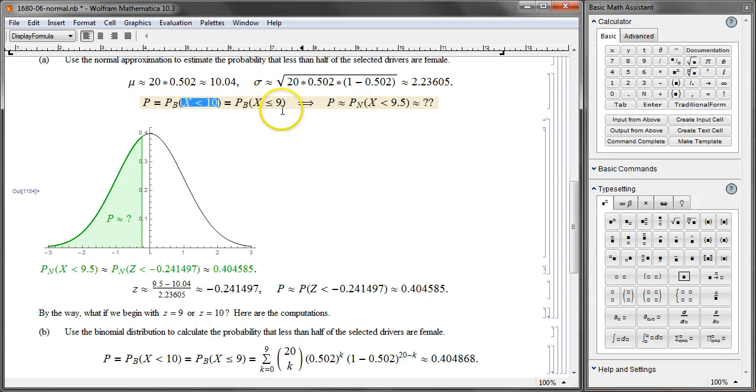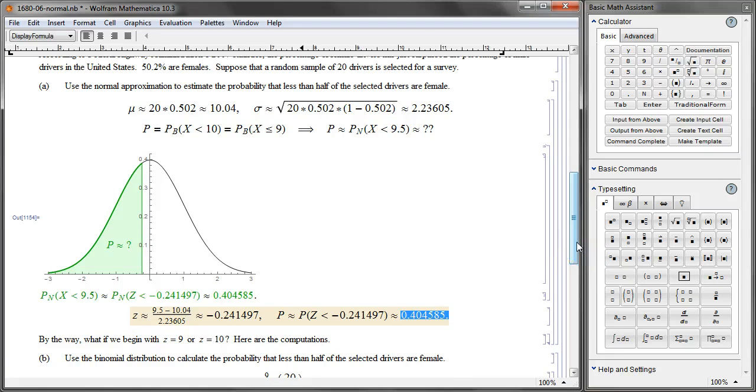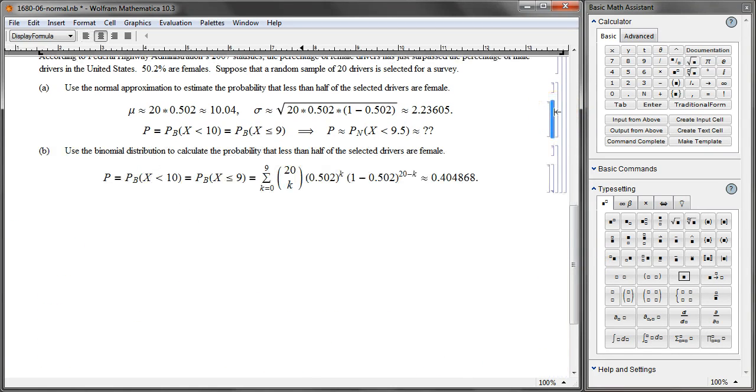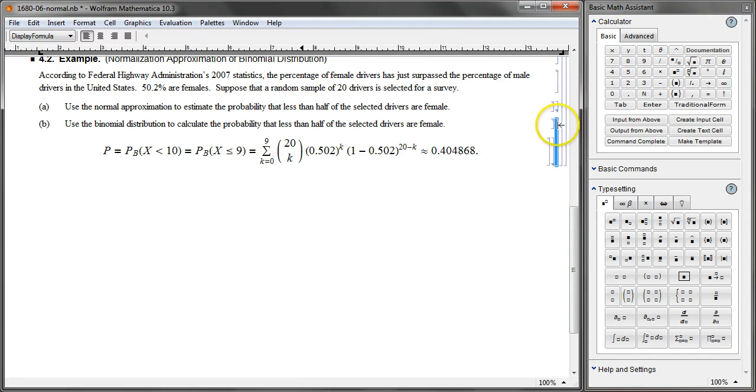Less than 10 and less than or equal to 9 are equivalent in terms of binomial, because binomial is a discrete random variable that takes integer values only. If you approximate it with a continuous random variable, you have to take the average of these two and use 9.5. Doing that, you're going to get a really accurate approximation. Just remember this 0.5 thingy and this normal approximation of the binomial distribution becomes suddenly easy.